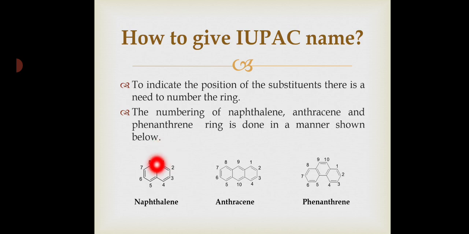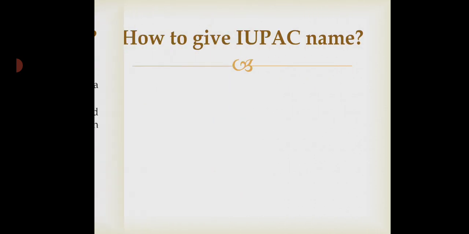In naphthalene, we can't put any substituent at the fused carbon positions, so there is no point in numbering them. These rules will become clearer when we do more examples.